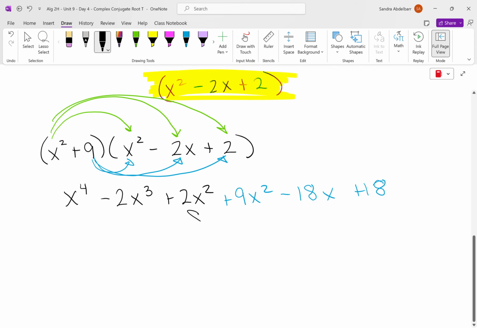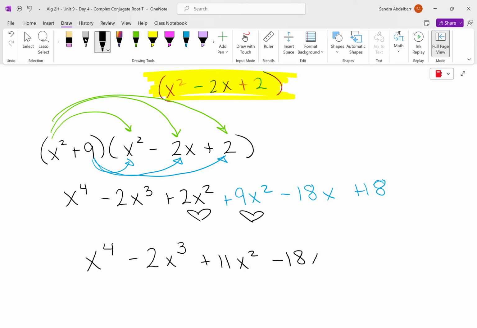I'm going to combine my like terms, and that's only the x squareds. So we have x to the 4th minus 2x cubed plus 11x squared minus 18x plus 18.